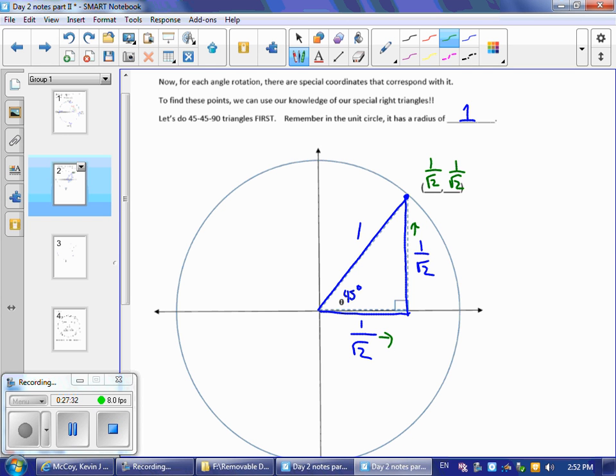Okay, now we're going to wrap this around to one of the other videos, which was rationalization, because while there's nothing wrong with leaving 1 over the square root of 2 as an actual point, it's not commonly seen that way. If you guys remember, rationalizing means you have to get the square root out of the denominator.